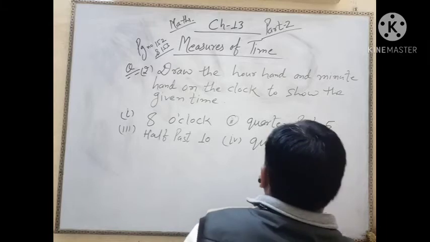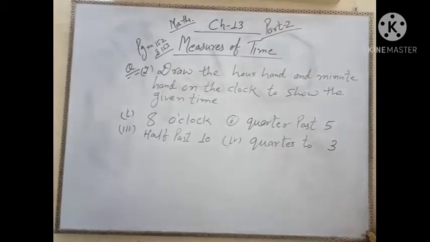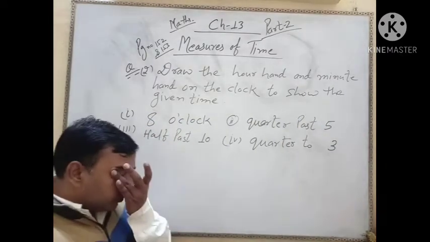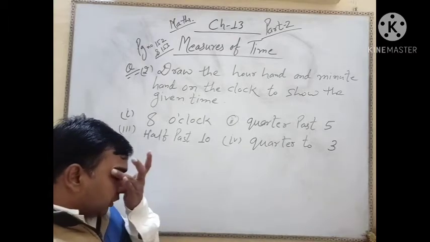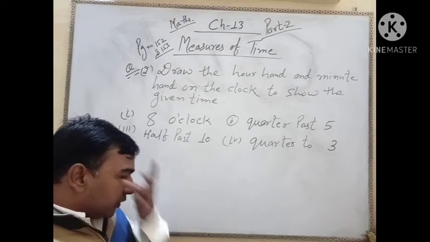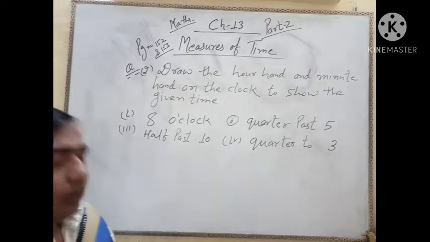Quarter to 3. So you can see that I have written 4 different questions on the board, and according to these questions, I am going to draw 4 different clocks.